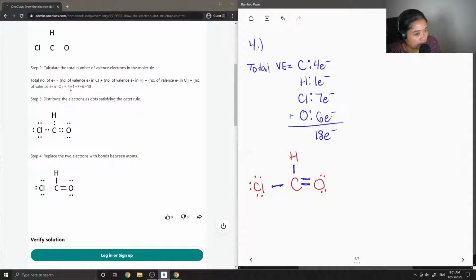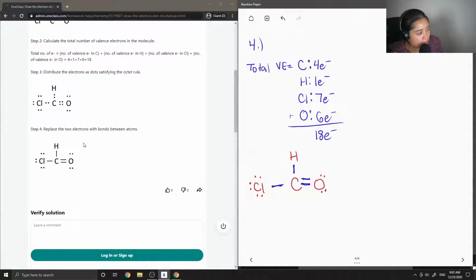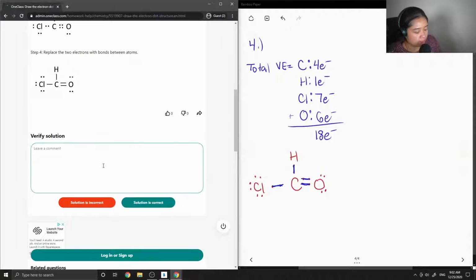So they did 4 plus 1 plus 7 plus 6 is equal to 18. Step 3, distribute the electrons as dots, satisfying the octet rule. Yep, so they also do all the dots around all the atoms. Step 4, replace the 2 electrons with bonds between atoms. Yep, so this solution is correct.